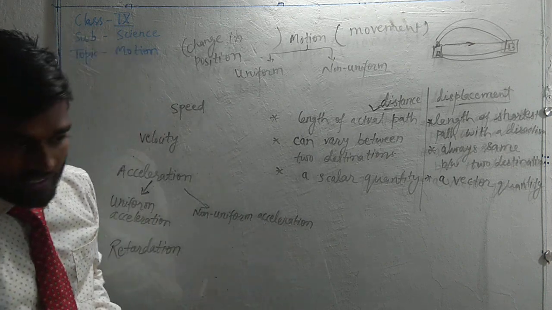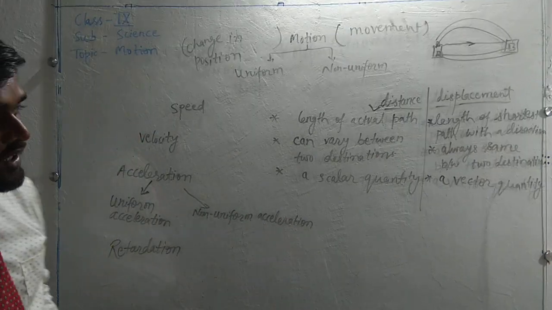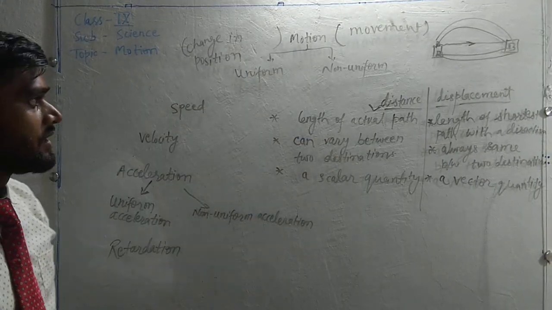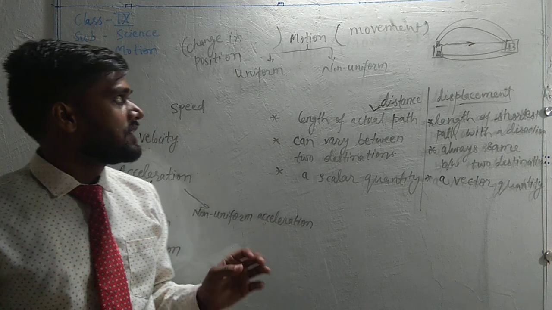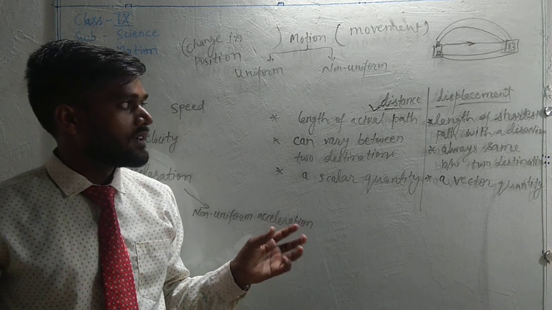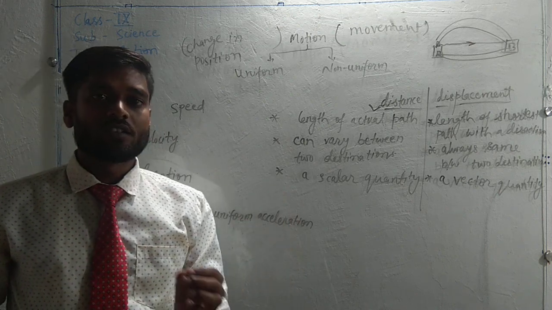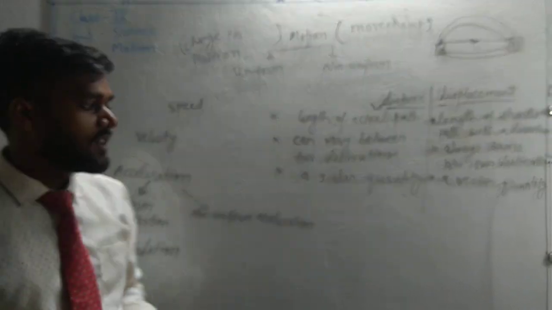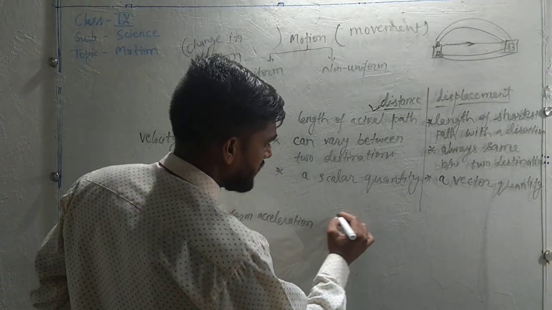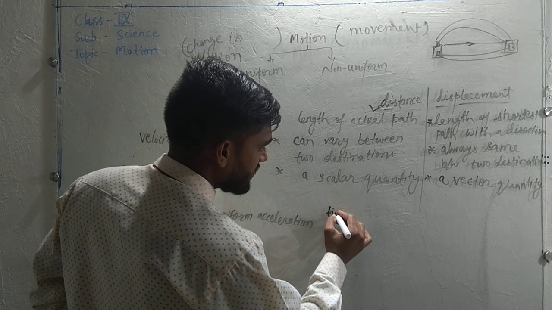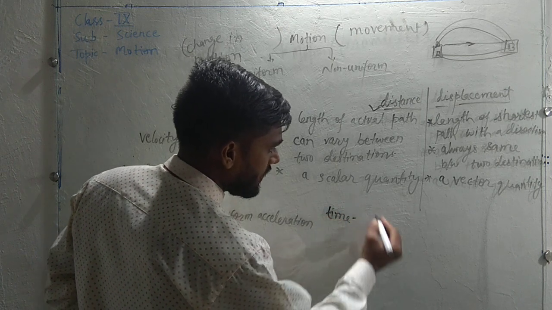Okay, now this is all about distance and displacement. Now think of a condition where an object or a car is covering different distances. Its reading is given as time is mentioned.